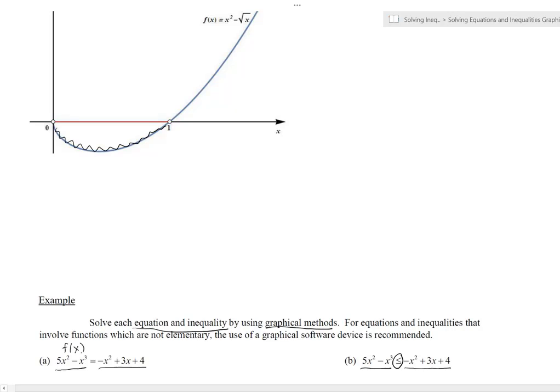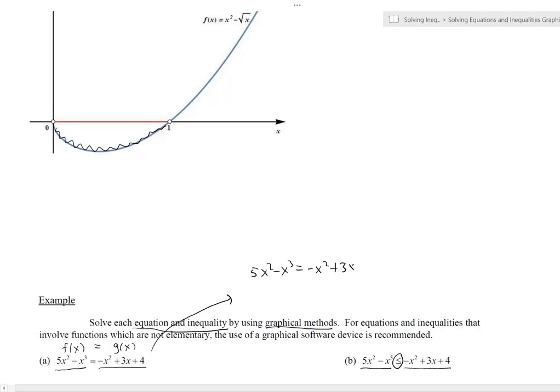So f of x is 5x squared minus x cubed, and the right-hand side, g of x, is negative x squared plus 3x plus 4. And we're going to graph these two functions, and we are going to look at where they intersect. And then we'll look at where one is less than the other or equal to. Now, before we do this, just remember, we could choose to also take the original situation.